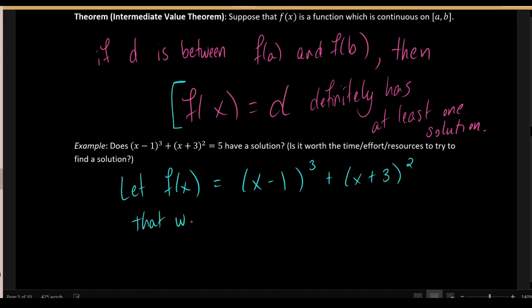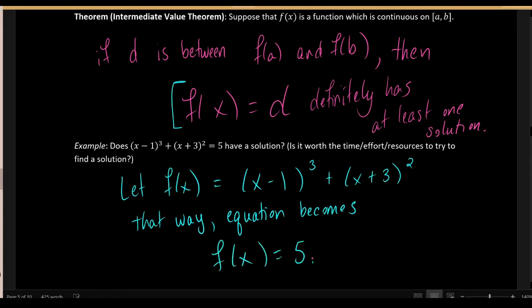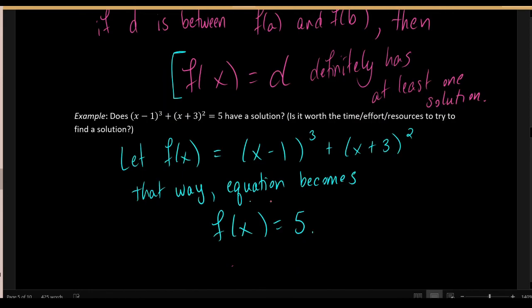Because of that, our equation becomes f of x equals 5. So I'm trying to determine if this equation, f of x equals 5, has a solution.